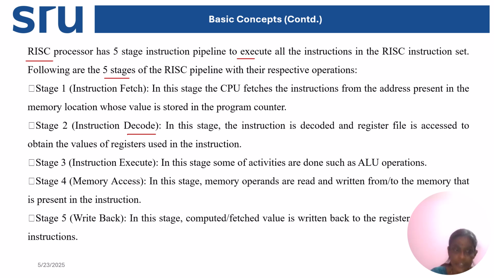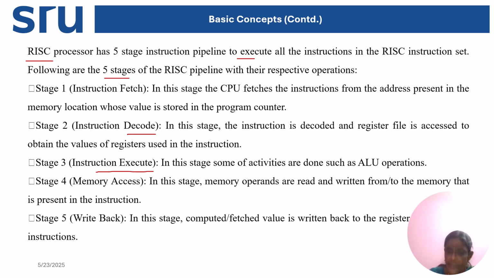That is the decode. And stage 3 is instruction execute. After identifying the operation, it will start executing the operation. In the fourth stage, memory access. So memory access: what is the address of the operand?